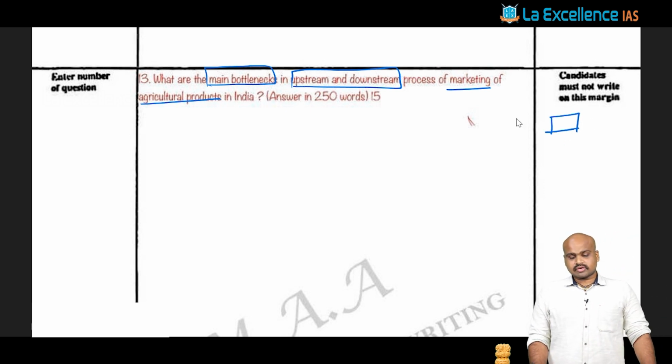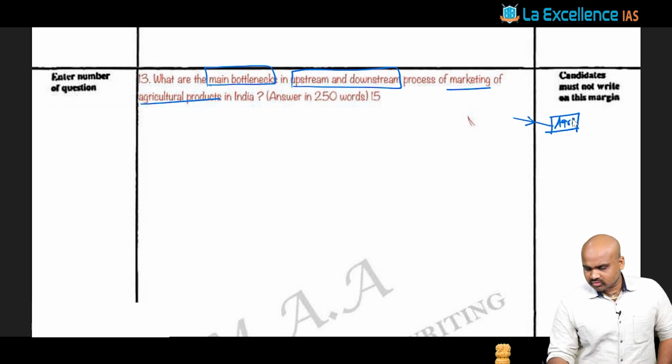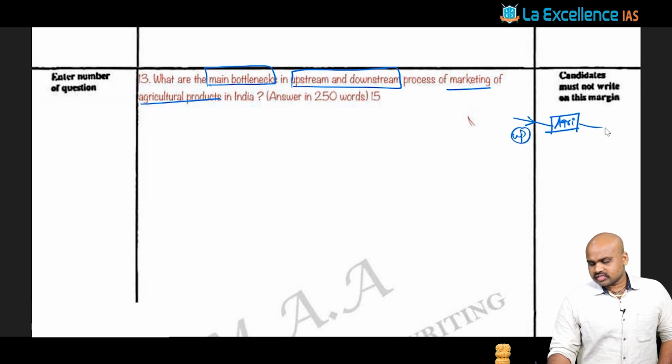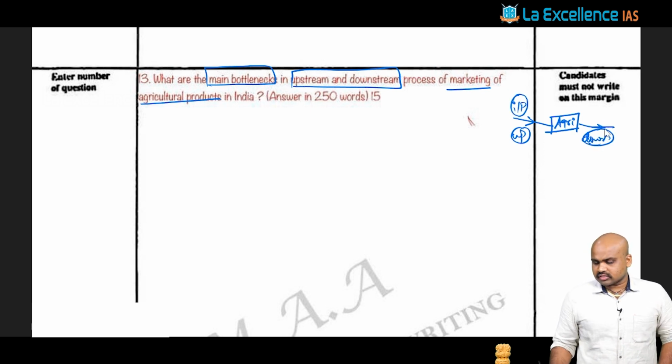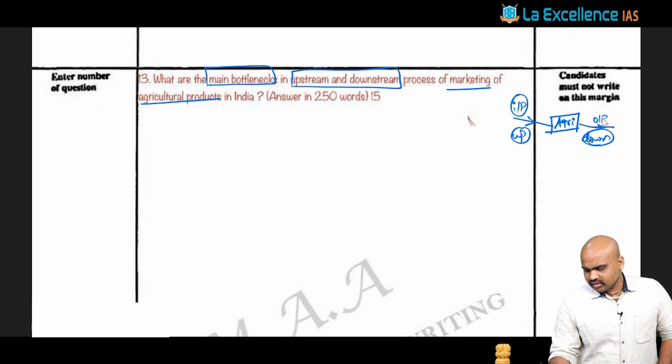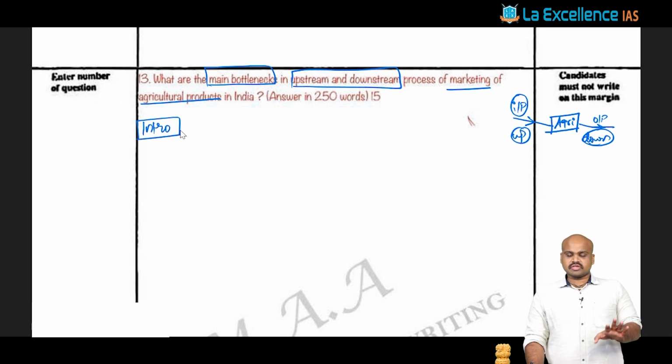To understand upstream and downstream, say this is the agricultural activity, the agricultural produce. Whatever is on this side is upstream, and whatever is on this side is downstream. Upstream has to do with the input side, and downstream has to do with the output side. That is the simplest understanding of upstream and downstream.